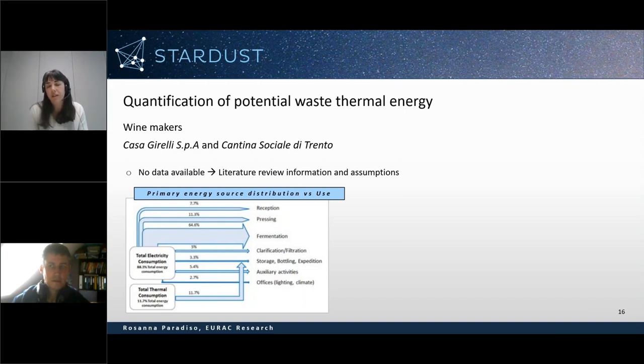So this water then is going to be cooled down through cooling towers or refrigeration units. So we consider these aspects.